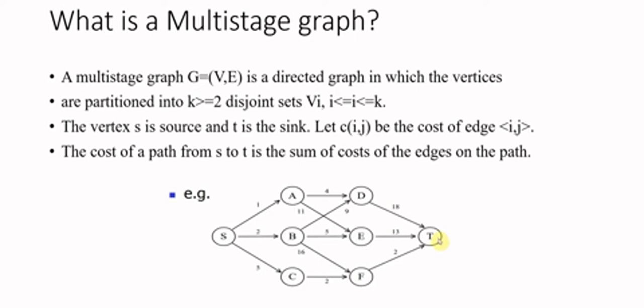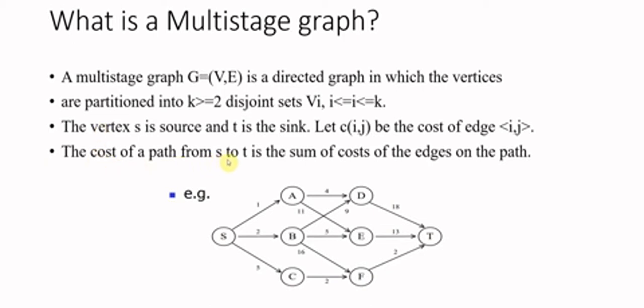So a multi-stage graph should also have two vertices, a sink and a source. A source is a vertex whose in-degree is 0, whereas a sink is a vertex whose out-degree is 0.